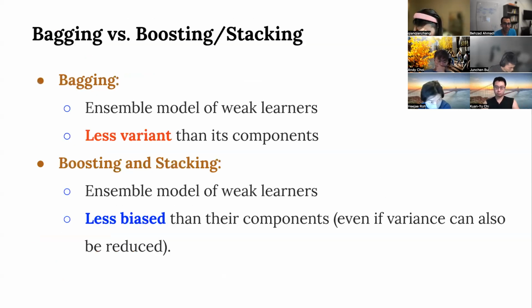So in bagging, you are creating a bunch of weak learners, and the ultimate result is going to be less variant than its components.